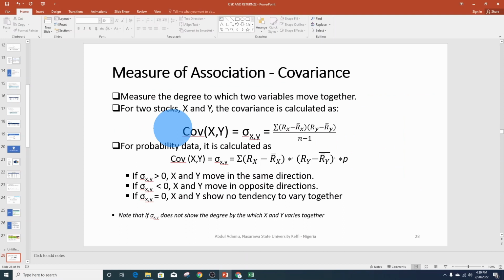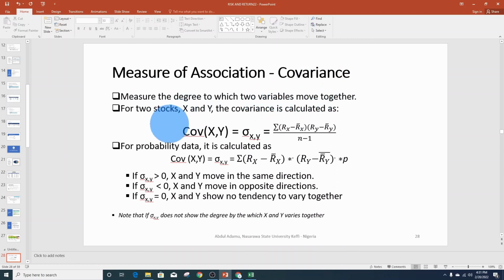So before we compute the portfolio risk, we need to do our measures of association. We need to do covariance or correlation. Now, what is covariance? Covariance measures the degree to which two variables move together.